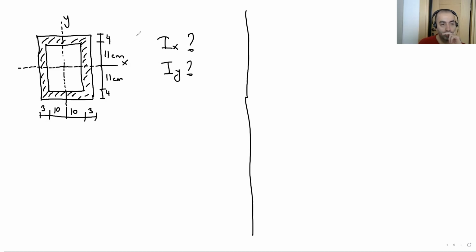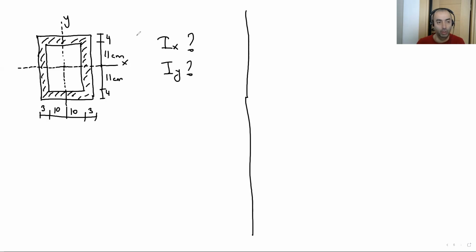Now, we have a section with an opening at the mid portion. So what can we do? You can adopt different methods.